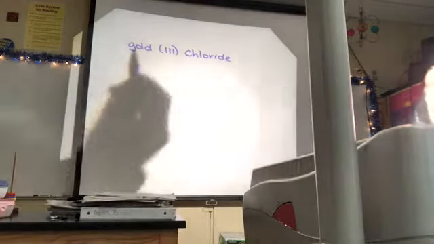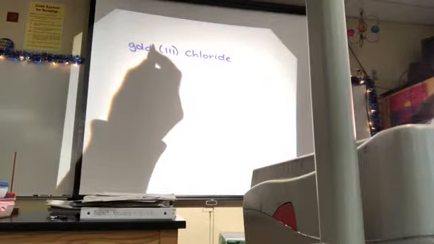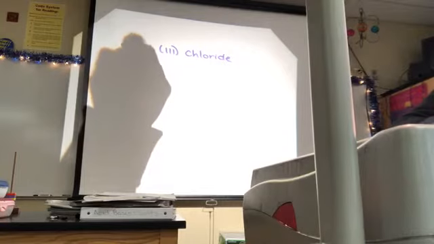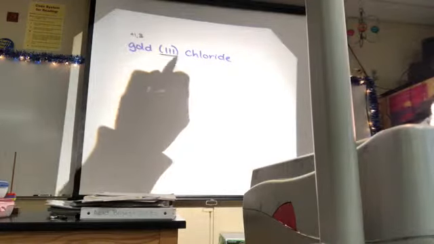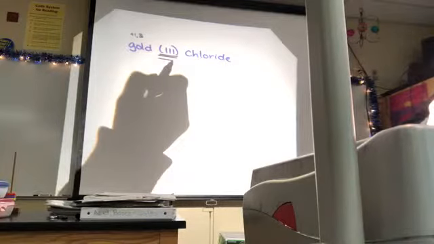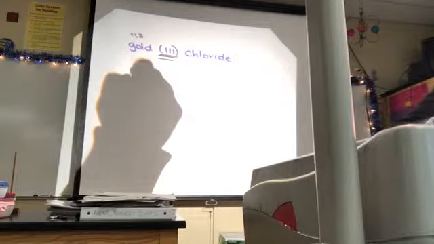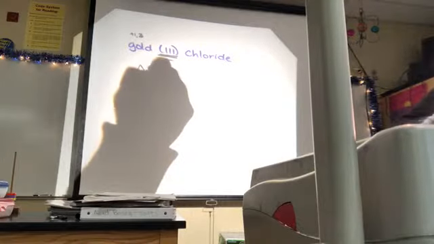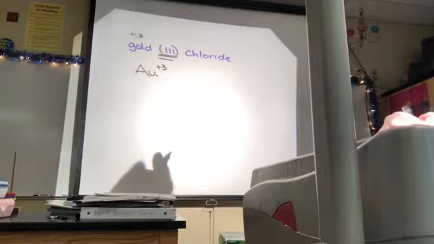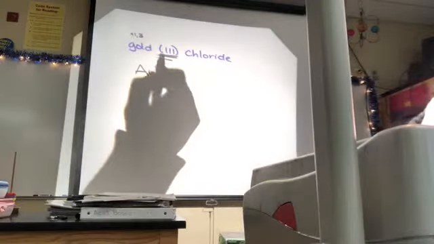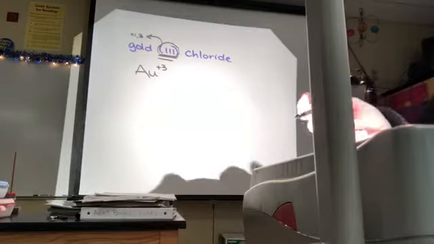That Roman numeral, if you look up gold, what are the charges on gold? +1 and +3. This Roman numeral right here tells us which one of those 2 I'm using. This is going to be gold +3. Does that make sense? That Roman numeral tells us the charge on the metal.